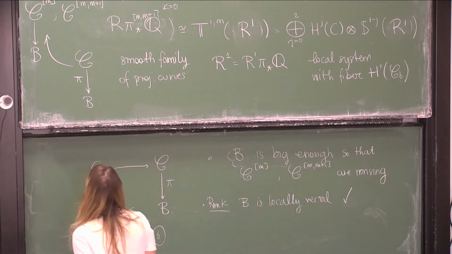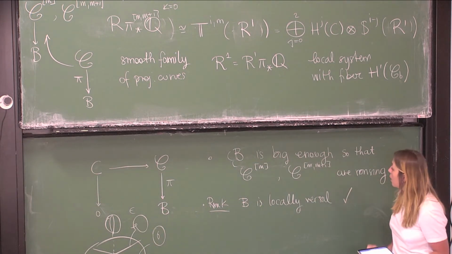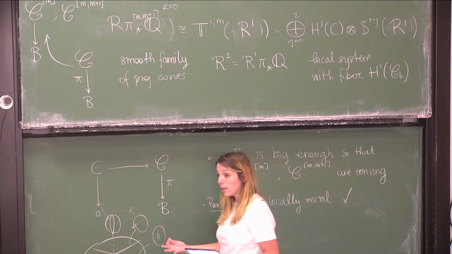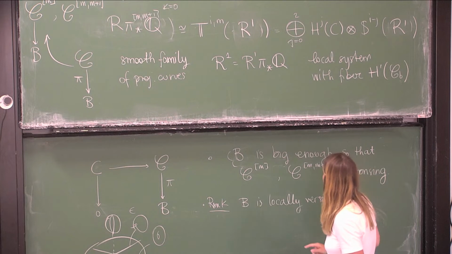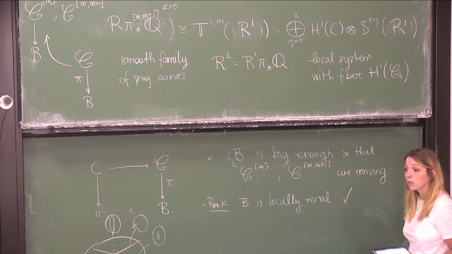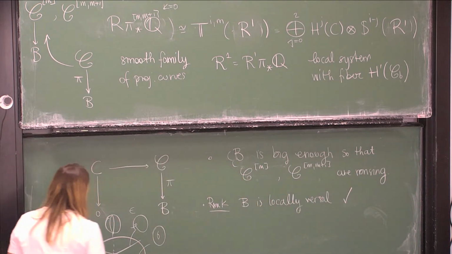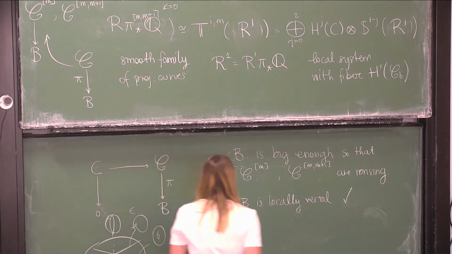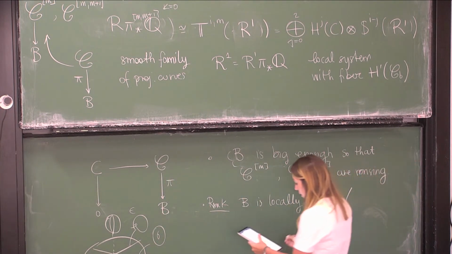Okay? So if B is locally versal, then there are theorems due to Shende for the ordinary Hilbert scheme case and to me for the nested case, which ensure that the total space of the family of relative Hilbert or nested Hilbert schemes is non-singular. And indeed, what does big enough mean?